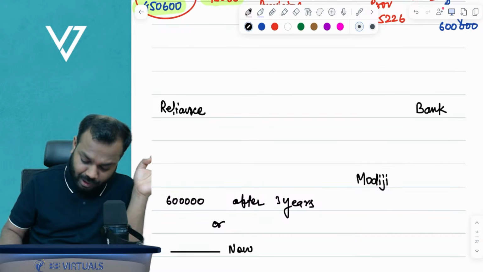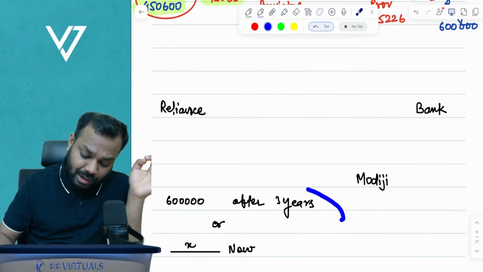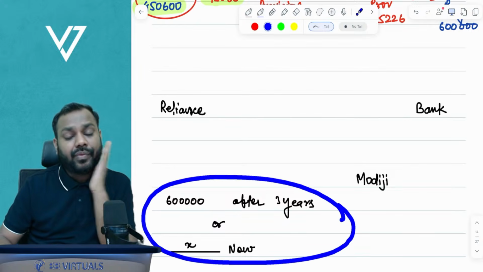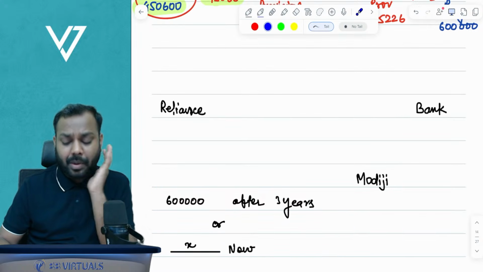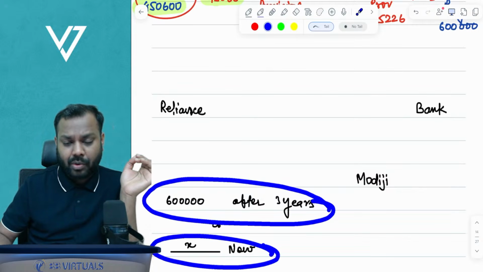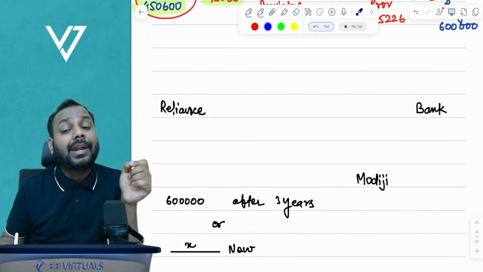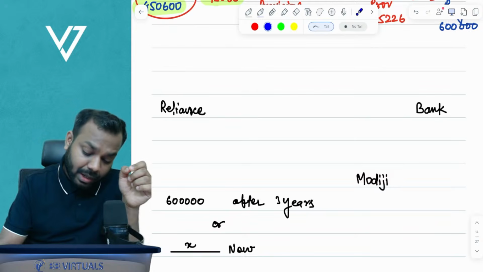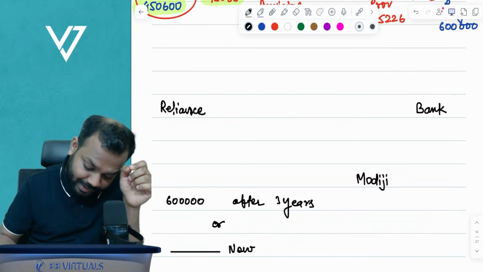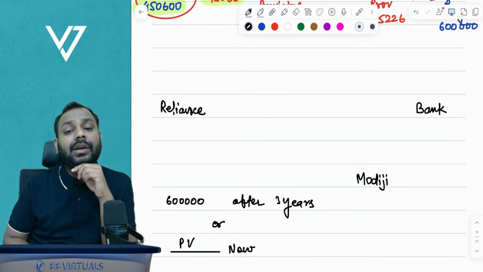Now you have to find this amount wherein you will become indifferent. That you have to pay 600,000 after 3 years, or you have to pay the amount now. What is the amount that you have to pay now that you become indifferent? That amount is called the present value.